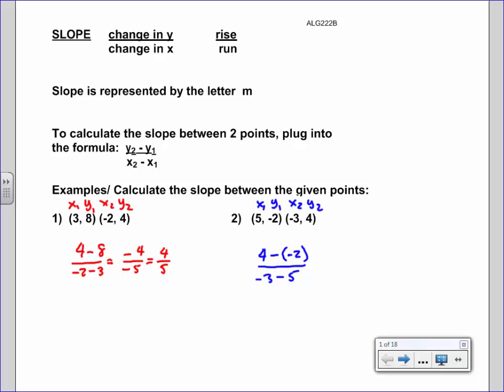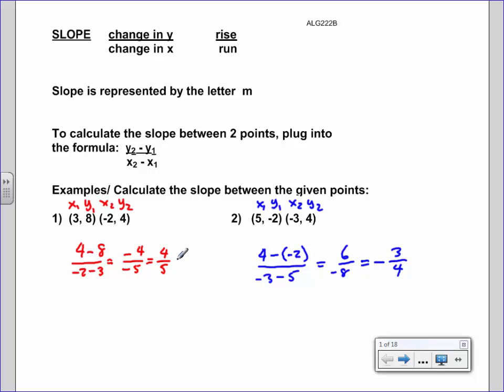Okay, 4 minus negative 2 is the same as 4 plus 2, that's 6, over negative 3 minus 5 is negative 8. Now, it doesn't matter if you write the negative on the top, the bottom, or in the middle. If you have one negative, it is negative, and they'll traditionally just stick it in the middle. And 6/8 reduces to 3/4.